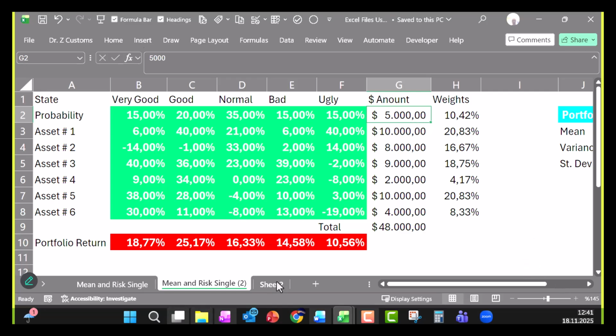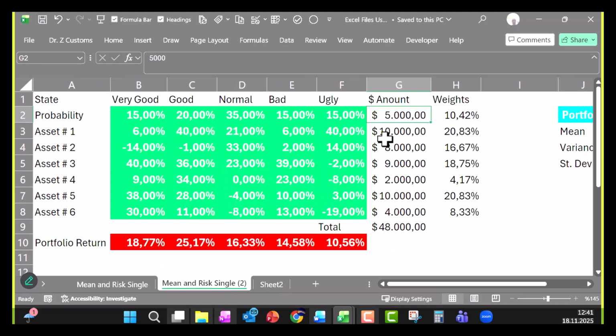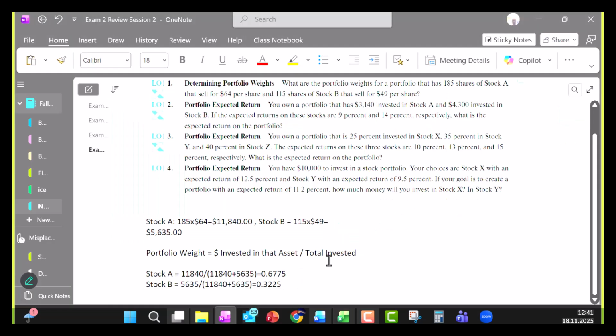This is for a lot of different stuff, but in this case, I have 11,840.